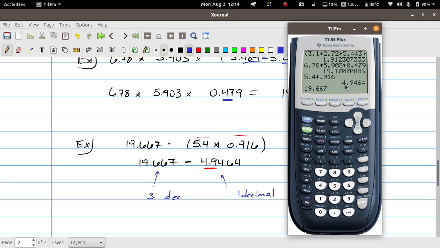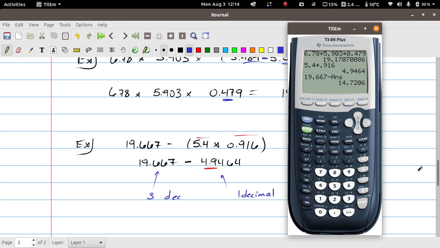19.667. And another cool thing you can do is, even with the scientific calculator, instead of retyping this, usually there's an option like second answer, and you'll get the same thing. It'll just plug the answer in instead of you having to retype it, like if you have a long decimal. But we're going to end up with 14.72.